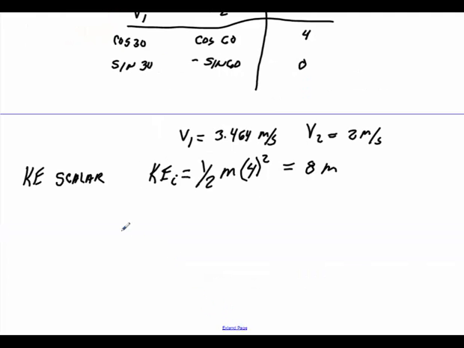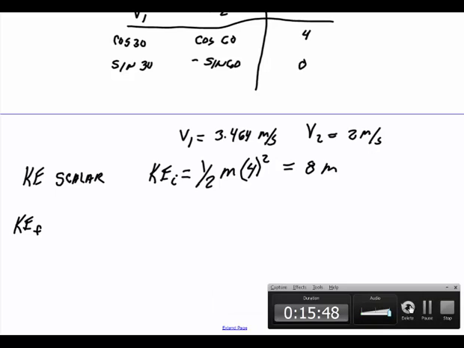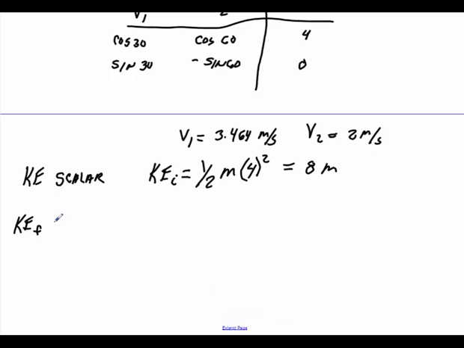Now we'll do our final kinetic energy. Okay, so our kinetic energy final, we'll just go back to 1/2 times the mass times 3.464 squared, plus 1/2 the mass times 2 squared.